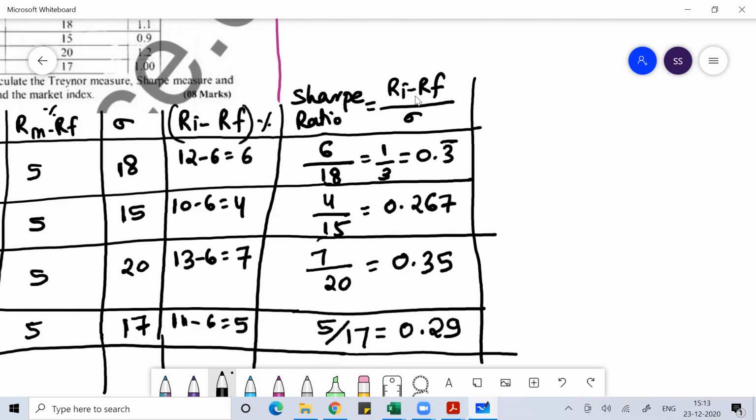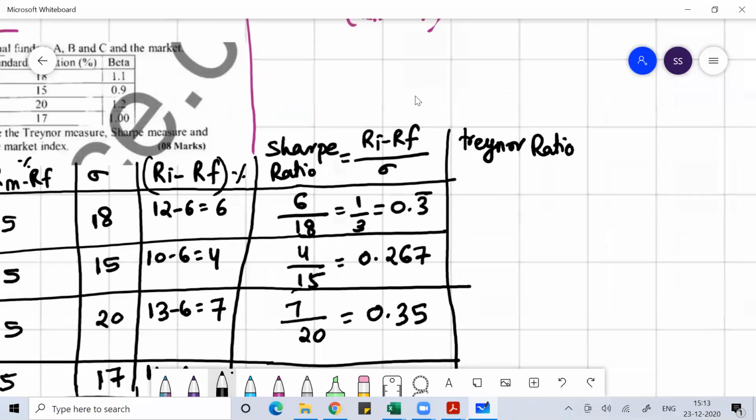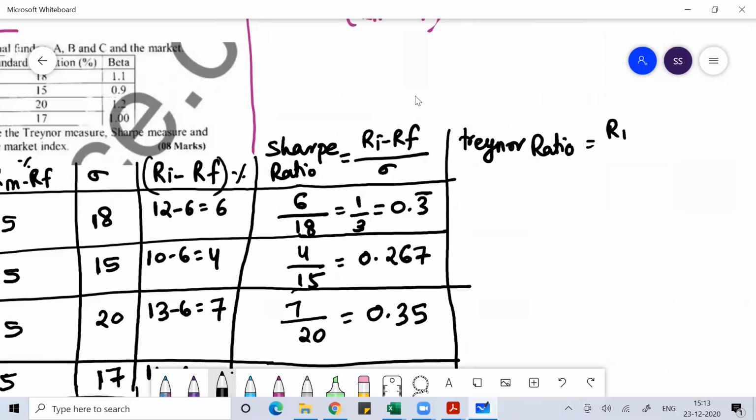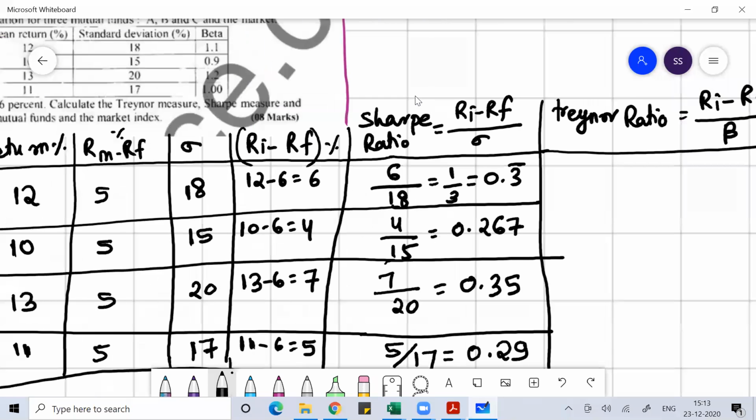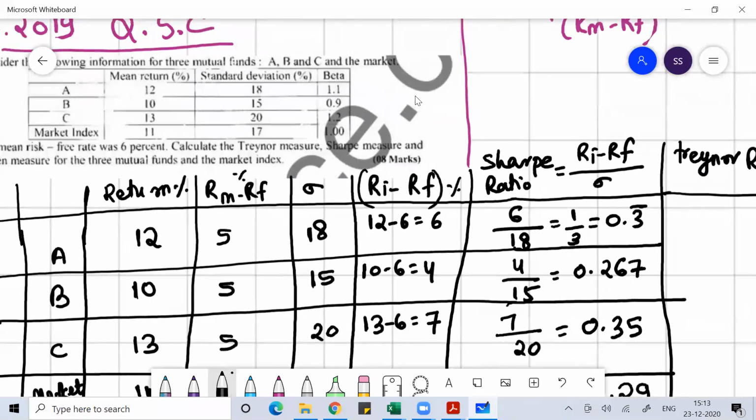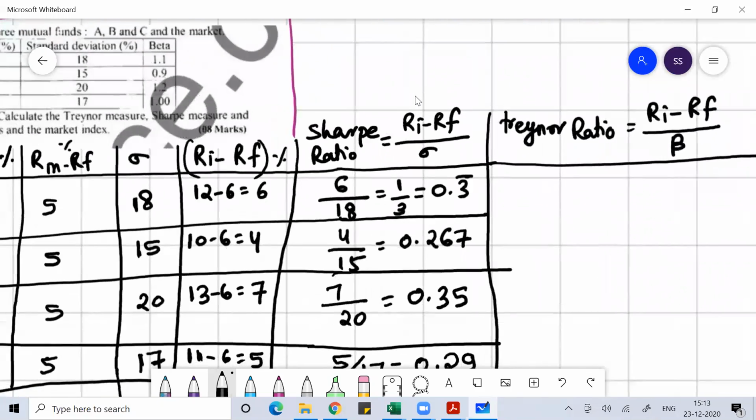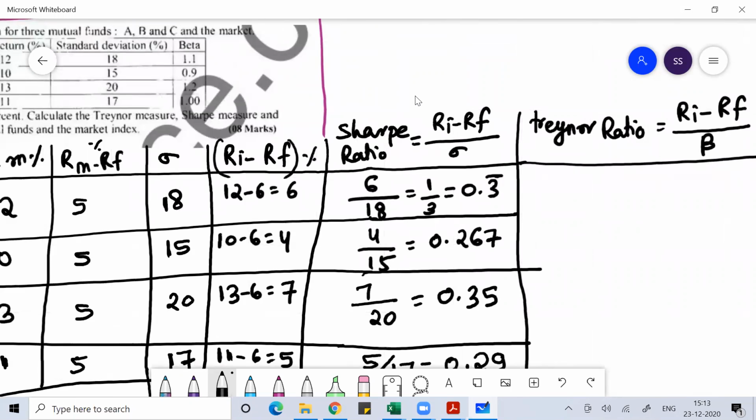Now we'll talk about the Treynor ratio. The Treynor ratio formula is Ri minus Rf divided by beta. Beta I have not written. Anyway, Ri minus Rf is 6 divided by beta, which is 1.1.